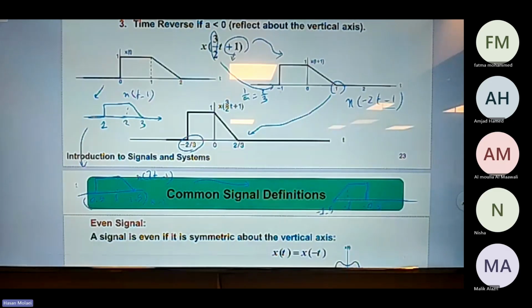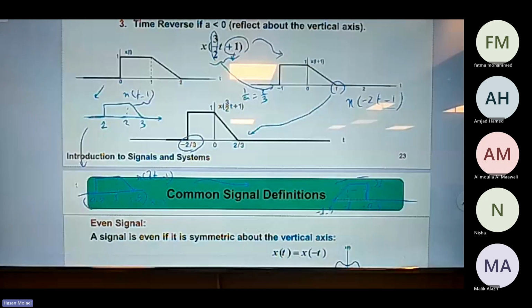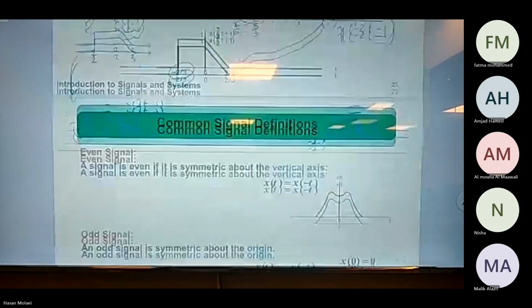How about the vertical value? We are only changing the t axis when we are doing this, not the vertical.